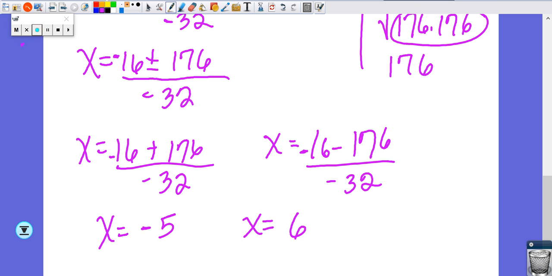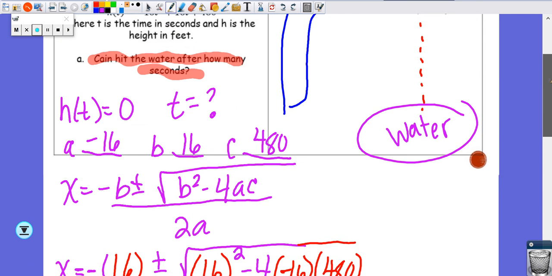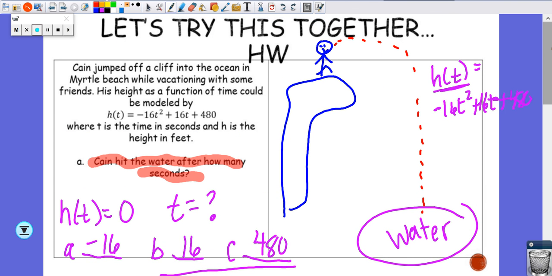So now I'm going to go back up to my picture because I have 2 times. I have -5 seconds and I have 6 seconds. So if I go up here and I think about it, this is telling me that the negative time means that we're going backwards, and really time can't be negative. So in this case, when he jumps off, time moves forward.